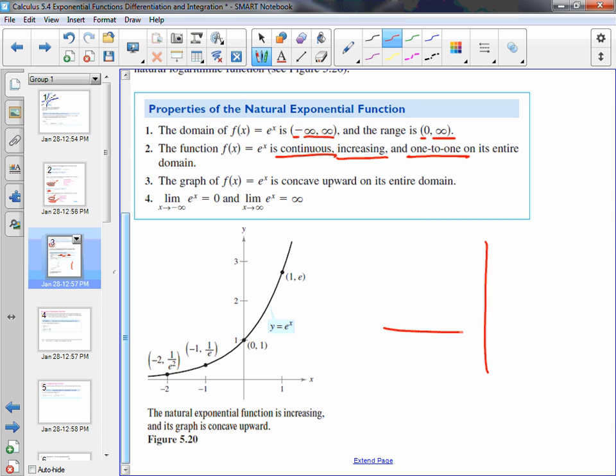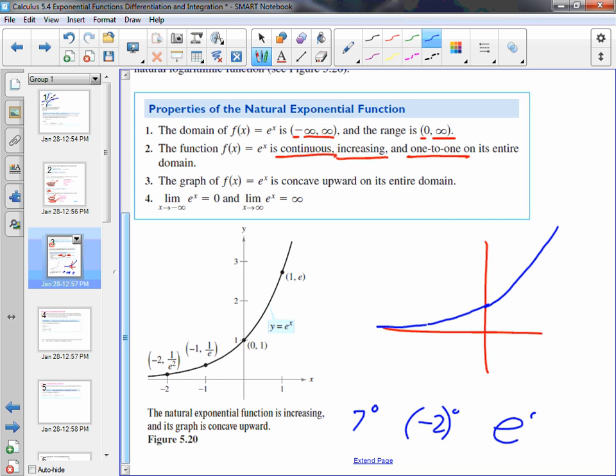So you need to know what the graph looks like. If you have to graph it, you know that you've got a horizontal asymptote here. You know that it crosses, and then it goes up forever. It'd be nice to know where it crosses. Okay? What's 7 to the 0 equal? 1. What's negative 2 to the 0 equal? 1.